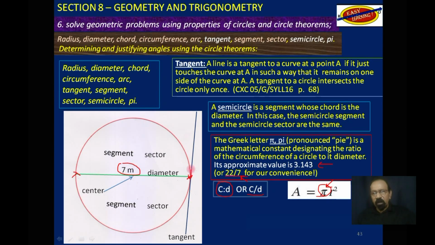Now, once you reach here, if you go all the way around like this, along the circumference and back here, you would have covered a distance of 22 meters. And that is how we get 22/7. That ratio holds for any circle. The circumference is 3.143 times longer.